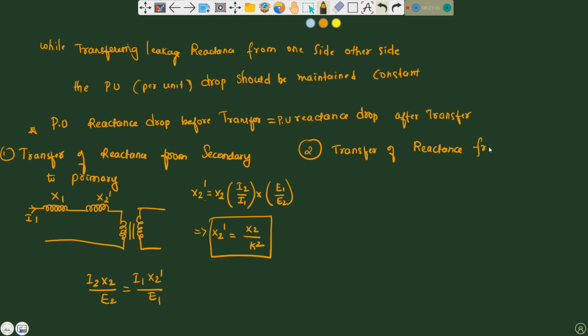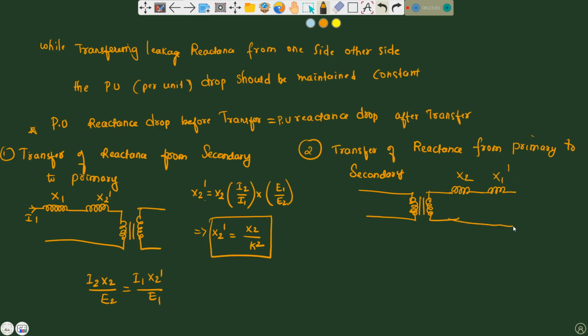So in the second case, the transfer of reactance from primary to secondary, what will we get? Let me draw the equivalent circuit first. Correct, this is the primary side and here it will be the secondary side. So x2 is as it is and we are taking x1 out from primary towards secondary. This will be considered as x1 dash.